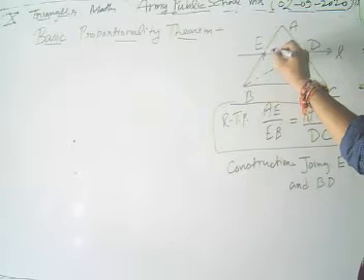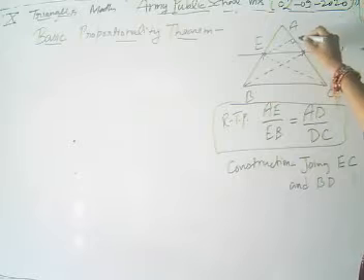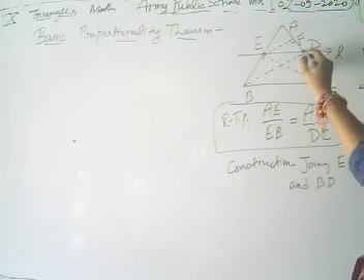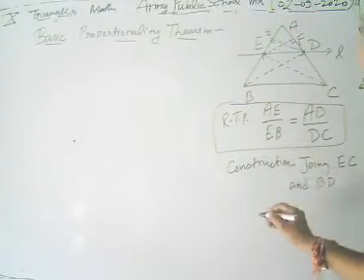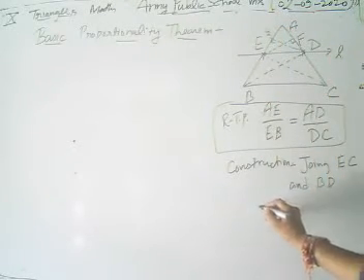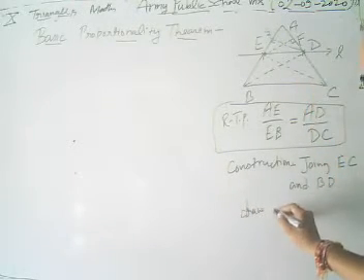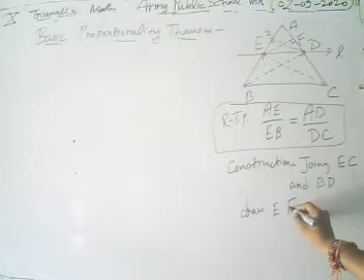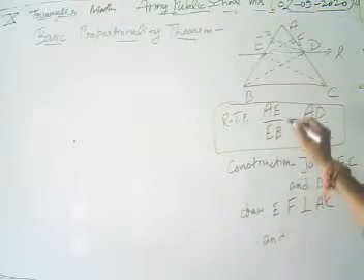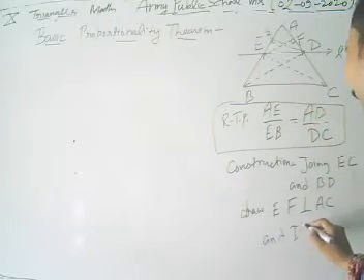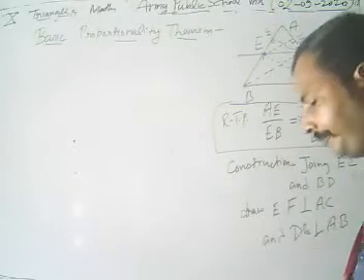Then we have to draw two perpendiculars: EF perpendicular to AC and DG perpendicular to AB.